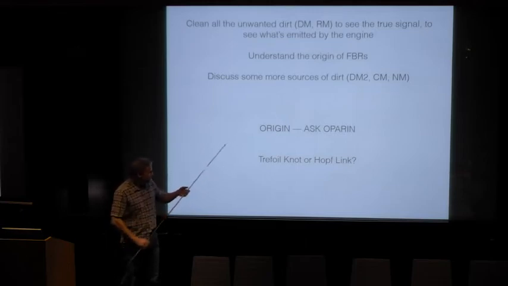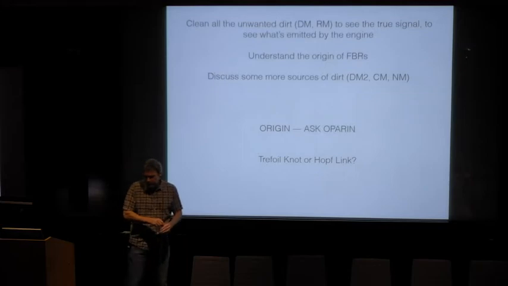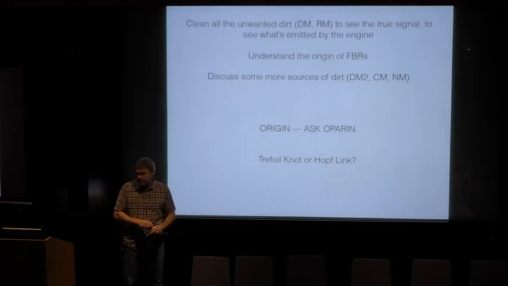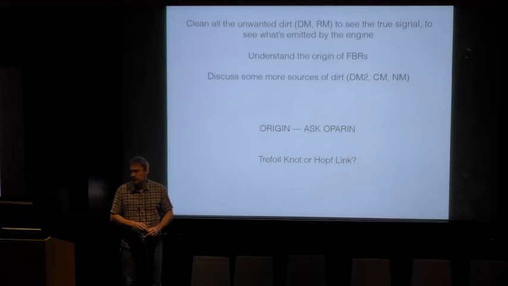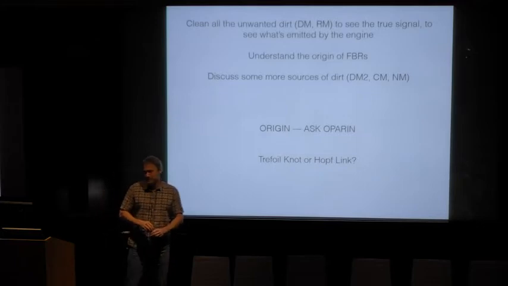The biologist Timofeev-Resovsky, when asked what he thinks about the origin of life, like the origin of FRBs, answered allegedly, I do not know, I was not there at the time, ask Oparin. Oparin is a much older famous guy who offered his version of the origin.